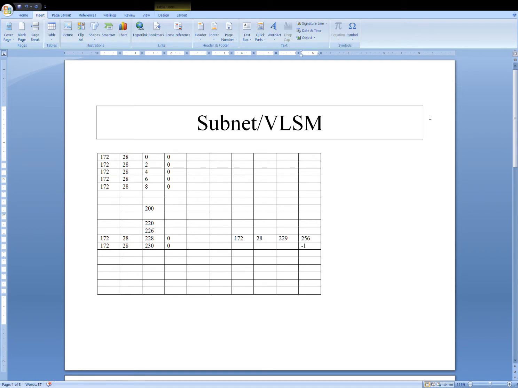You borrow 256s, because 256 is the magic number. 256 minus 1 is going to give me 255. That is the broadcast address of the network that we're looking for, the range that we're looking for.